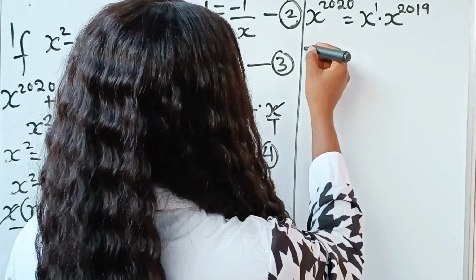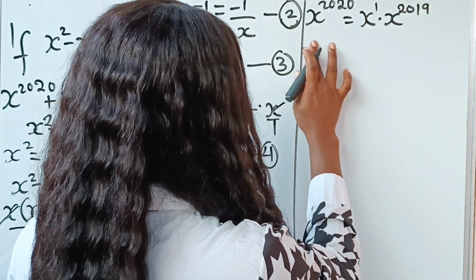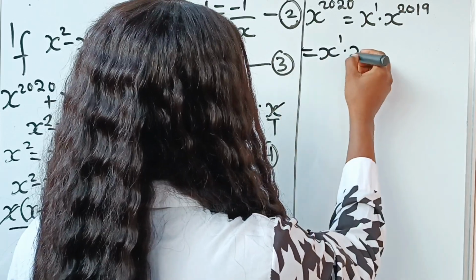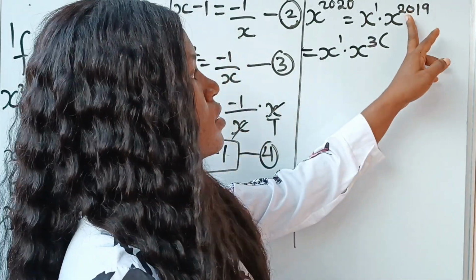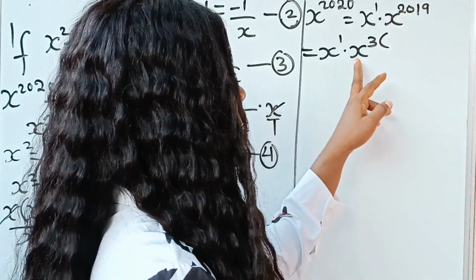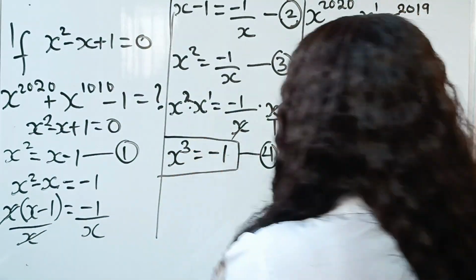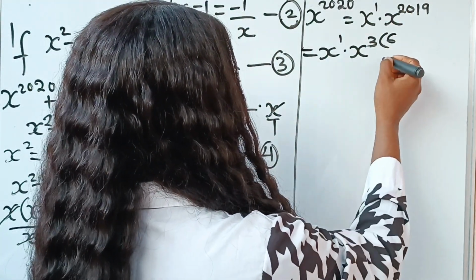So this is equal to x to the power of 1 multiplied by x to the power of 3 in brackets, because I want to divide this by 3. Since I have x to the power of 3, recall that we have x to the power of 3 here. Now 20 divided by 3 will give us 6, remainder 2.